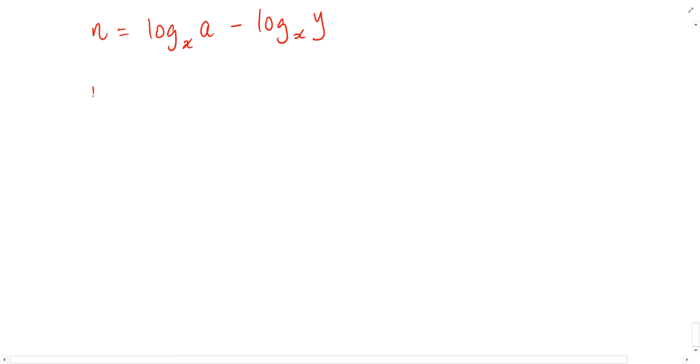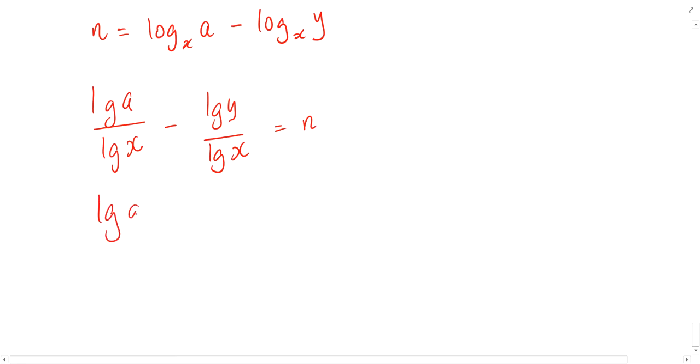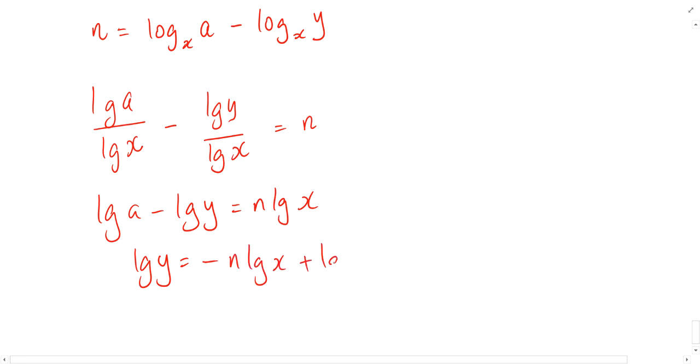Log a over log x equals to n, okay. Times log x, okay. Log a minus log y equals to n log x. And then? Oh. Negative n log x plus log a.